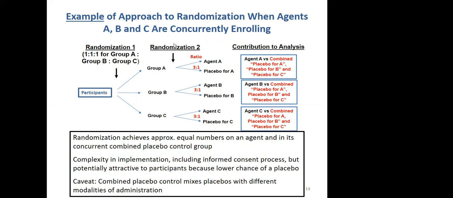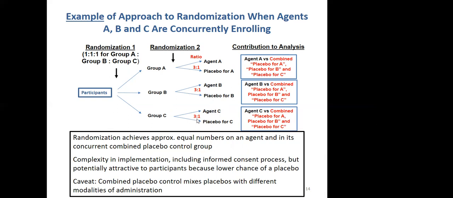And then a second randomization, where the participants in group A are randomized to agent A or the placebo for that agent. Participants in group B are randomized to agent B or a placebo, and in group C to agent C or placebo. So this is the blinded aspect of the study, but participants know whether they're being assigned to potentially get agent A or its placebo, or potentially get B or its placebo, or C or its placebo.